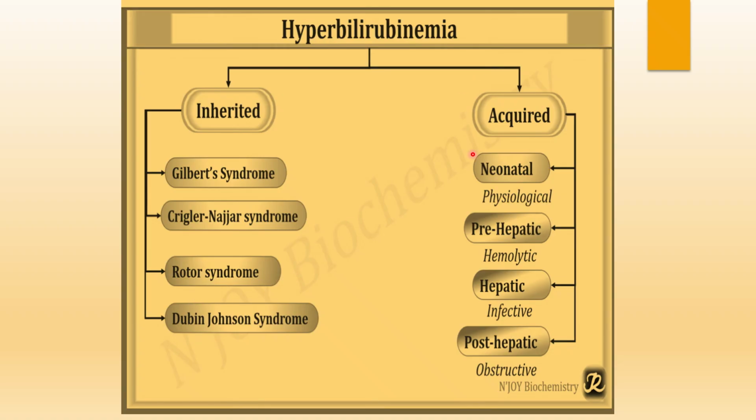Then the acquired conditions, we will see them more clearly and comprehensively when I talk about jaundice. But tentatively, neonatal jaundice can be physiological. It is also known as neonatal hyperbilirubinemia.